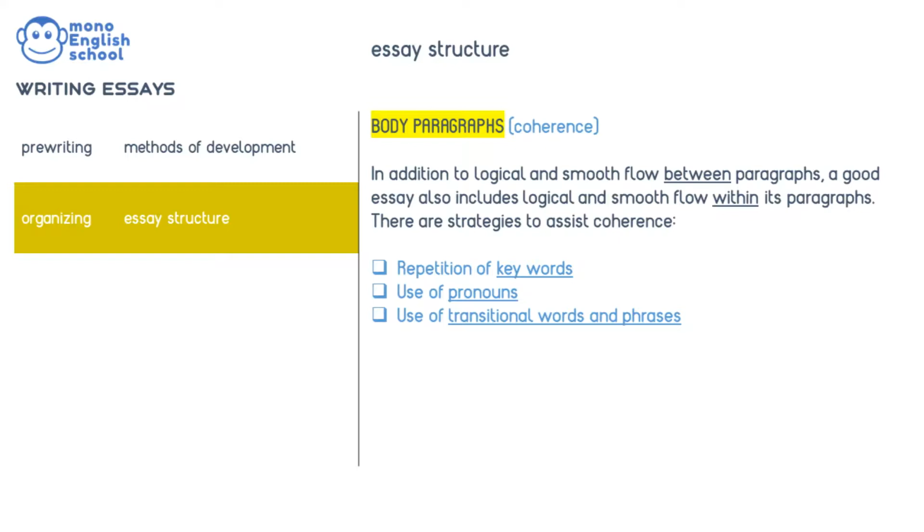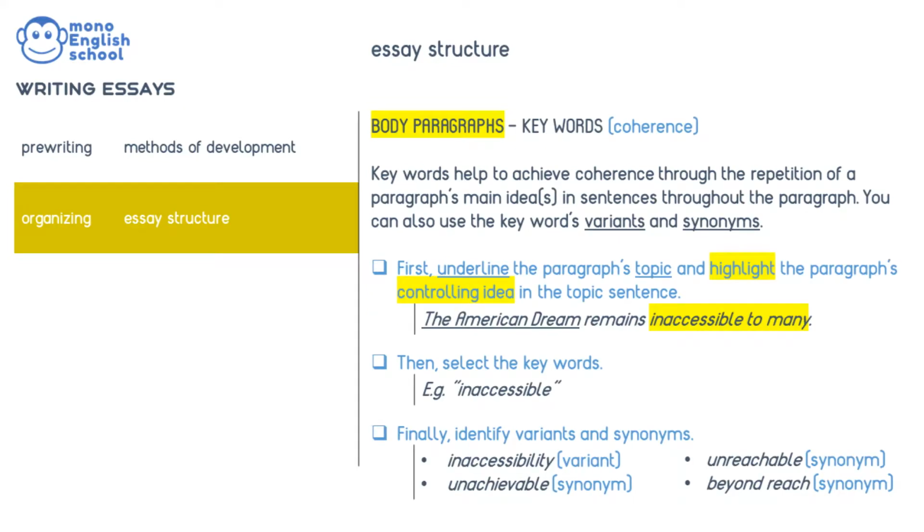The repetition of keywords through multiple sentences of the paragraph helps to keep a paragraph focused and coherent. You can also use variants of the word, for example when it is used as a different part of speech. Or you can use the keyword's synonyms.